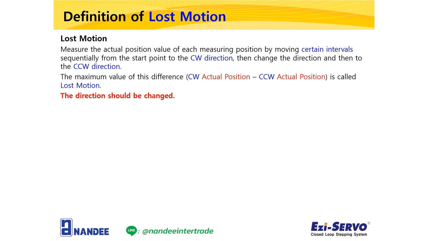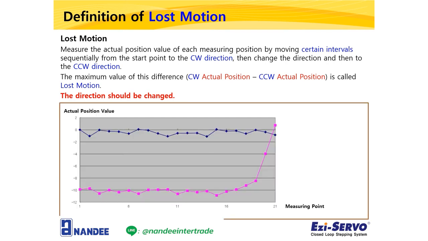For example, please look at the graph. The horizontal axis of the graph is the measuring point, and the vertical axis is the actual position value. The blue graph shows the actual position value when commanded to move clockwise, and the pink color represents the actual position value when commanded to move counterclockwise. Now, please look at the 15th measuring point.